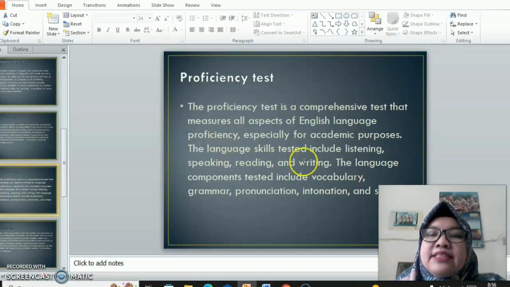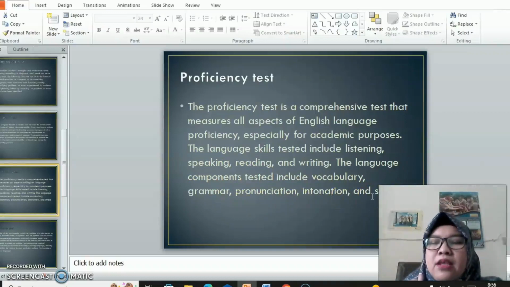The language skills tested include listening, speaking, reading, and writing. The language components tested include vocabulary, grammar, pronunciation, intonation, and stress.